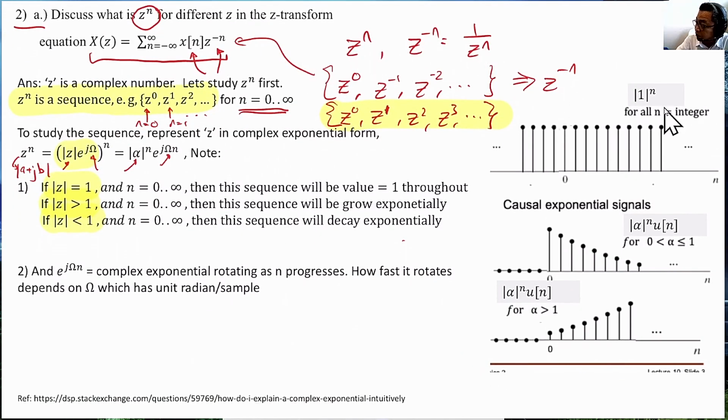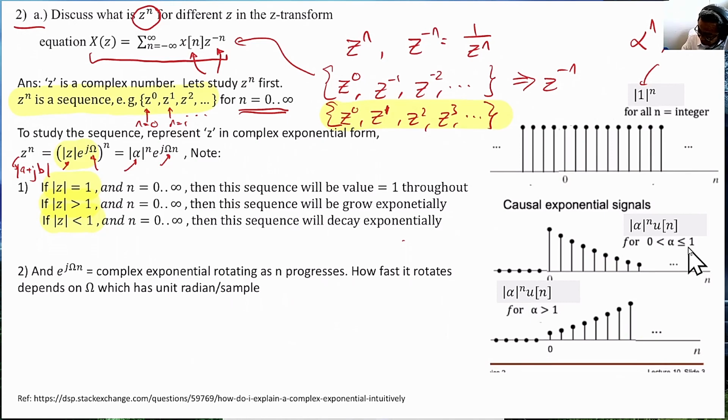On the right hand side, you will see that if the magnitude of my z is 1, implying alpha^n, but if alpha equals 1, alpha^n remains as 1 throughout. So all of the time, the sequence is only 1. What about when alpha is greater than 0 but less than 1?